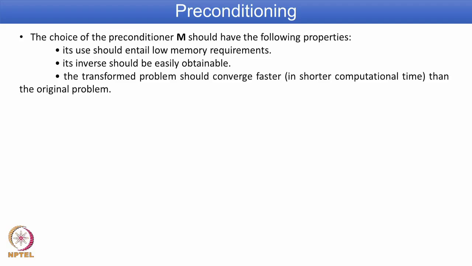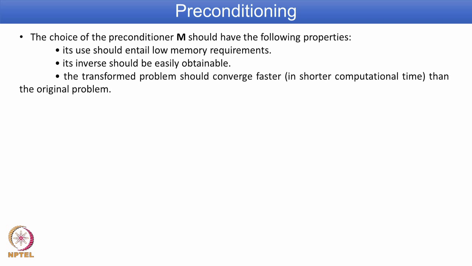Now, we proceed to know about the different preconditioning techniques available. The choice of preconditioner M should have the following properties. Its use should entail low memory requirements, it should not add additional memory, and its inverse should be easily obtainable.